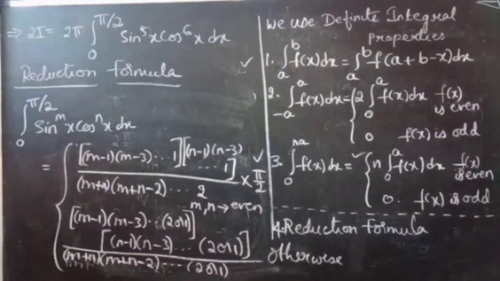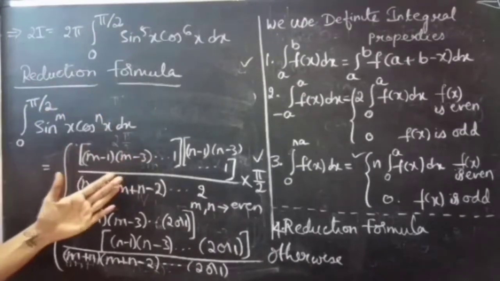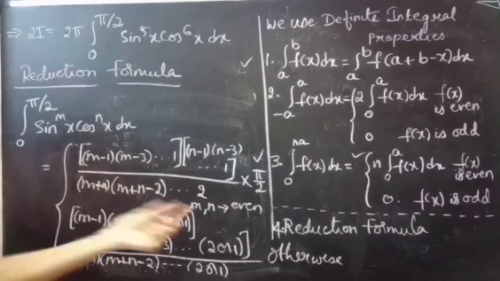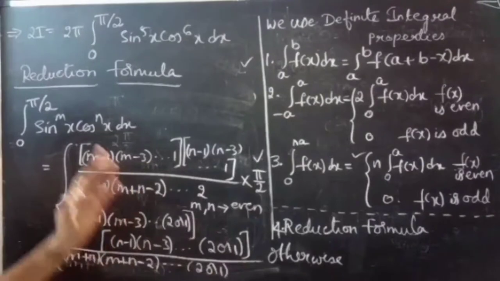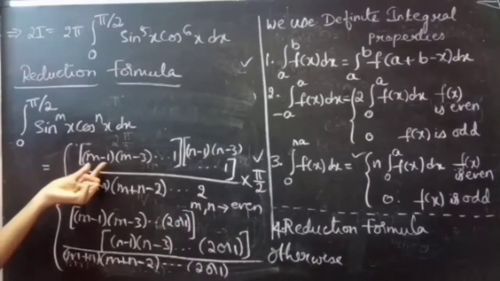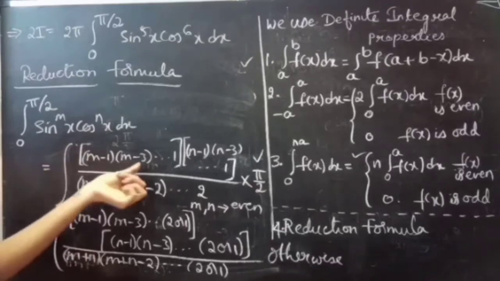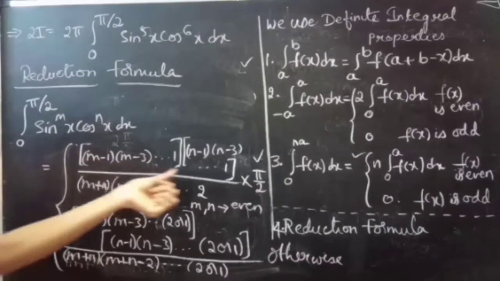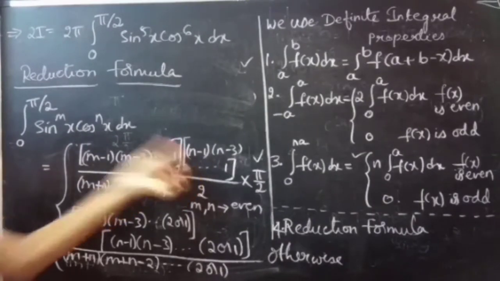Okay. So if both m and n are even, we will include pi by 2. Otherwise, we'll include 1. And the remaining will be the same. We will subtract odd numbers from m and from n in the numerator.